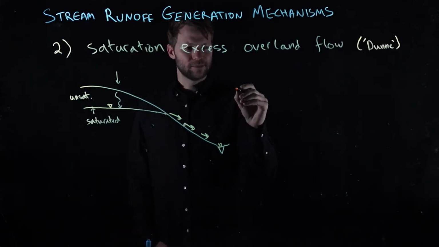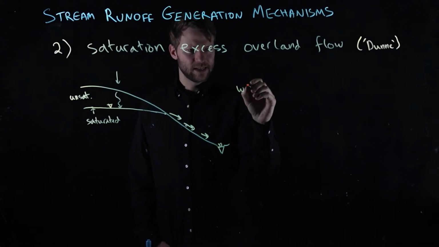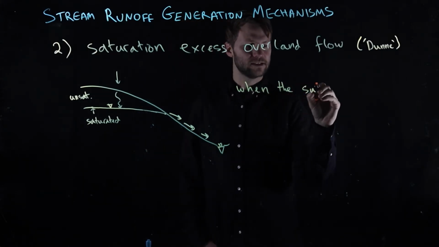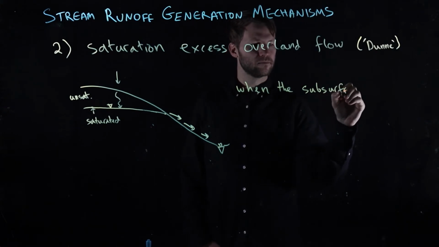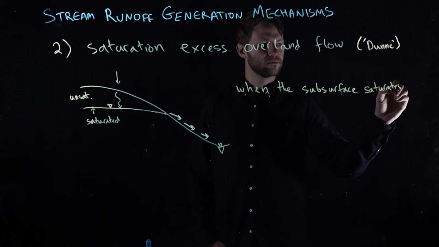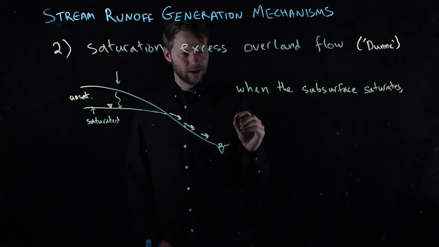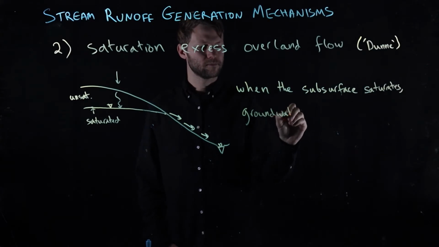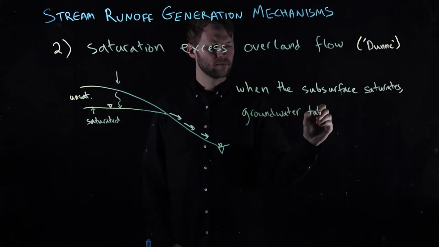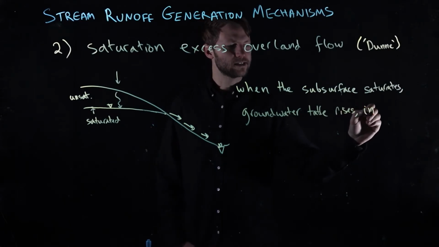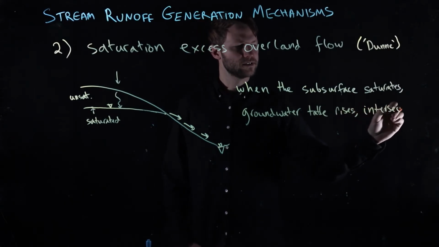So to describe this in words, this happens when the subsurface saturates and the groundwater table rises, intersecting the ground surface.